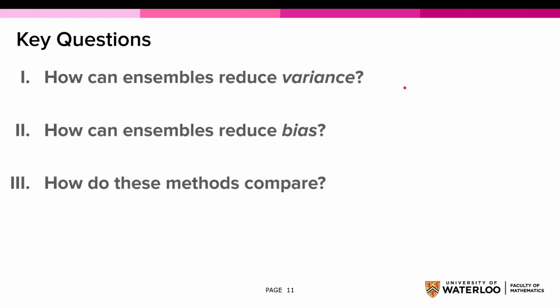So today we're going to talk about each of these in turn. We'll start off by talking about how we build ensembles to reduce variance, what specifically that looks like. We'll then talk about ensembles that can reduce bias, and then finally we'll do a brief comparison between these two.